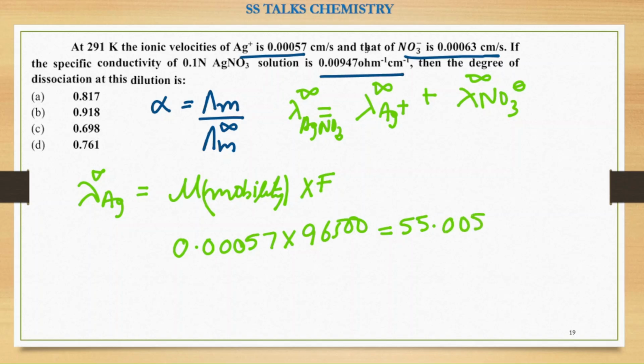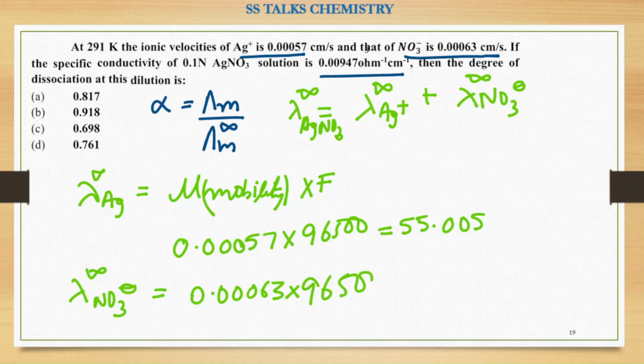Multiply this with the Faraday's constant, and we can find its conductance at infinite dilution, which is 55.005. Alright. In a similar way, for the nitrate ion, multiply the speed, 0.00063, with the Faraday's constant, 96500. We will be getting the value as 60.795.